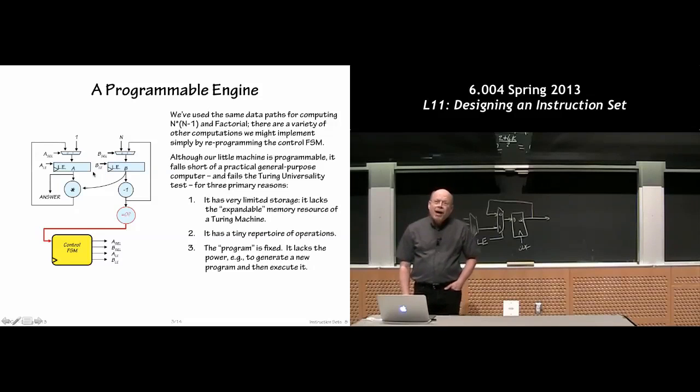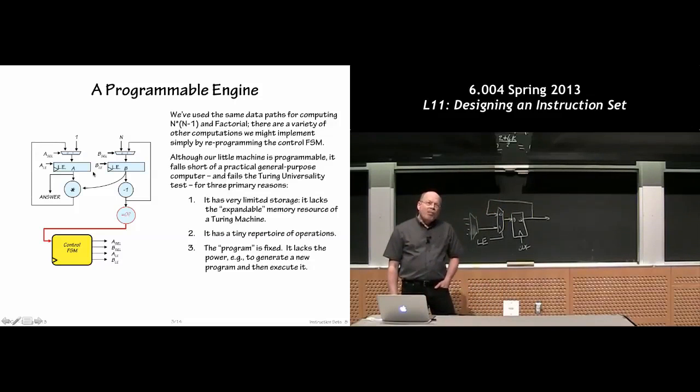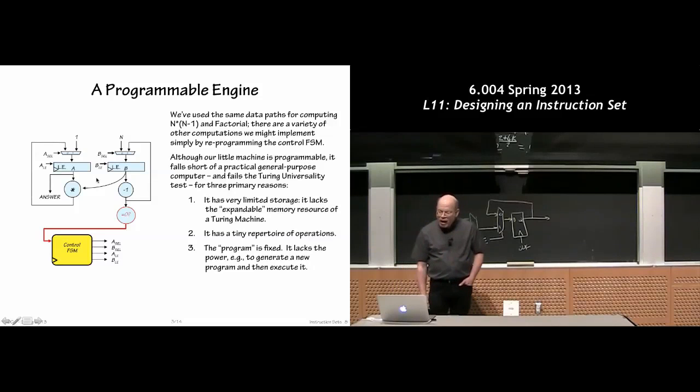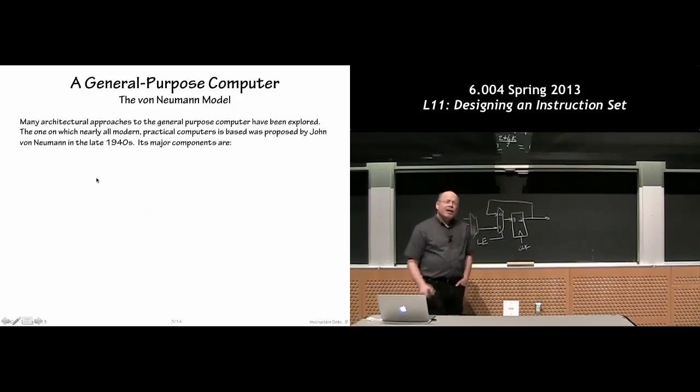If you think about what we wanted in terms of an abstract model for computation, we needed something that had more than just finite storage, and so in fact, 2 registers isn't going to cut the mustard. It can only load a couple registers and perform fixed arithmetic operations, so it's not really programmable in any way. Its program is fixed, so we're going to set about trying to remedy that.